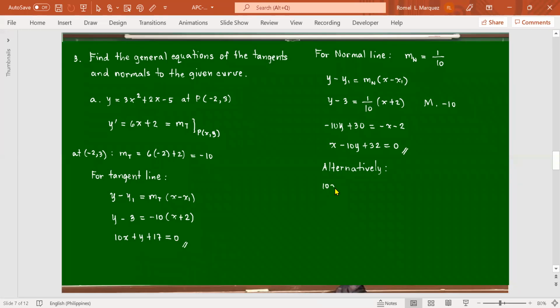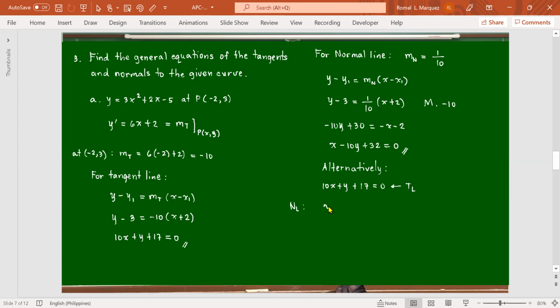From the tangent, we have 10x plus y plus 17 equal to 0. This is the tangent line, no? So for the normal line, guys, interchange but negate the coefficient of y.